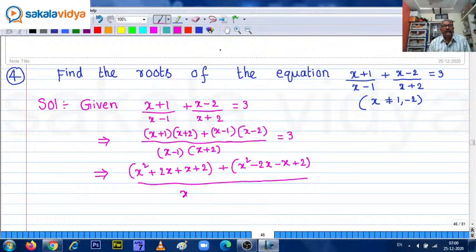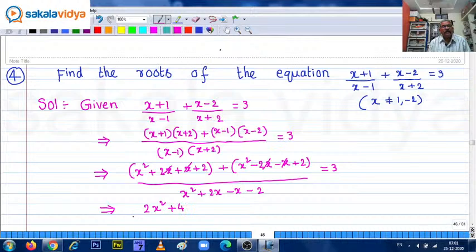The denominator is x square plus 2x minus x minus 2 equals 3. Now this can be written as x square plus x square is 2x square, plus 2x minus 2x cancels, x also cancels, 2 plus 2 is 4, so plus 4 this will be.